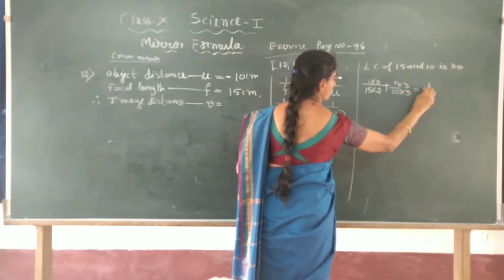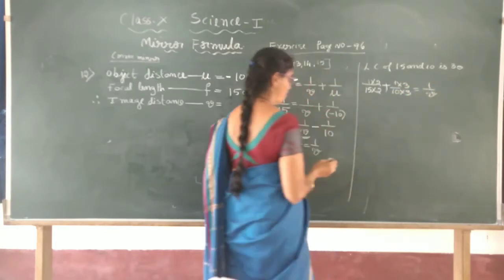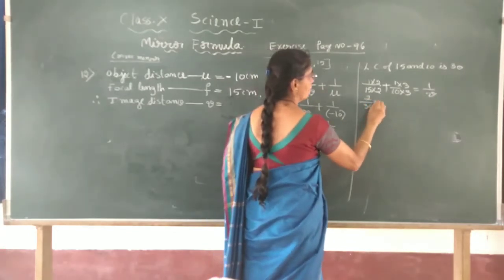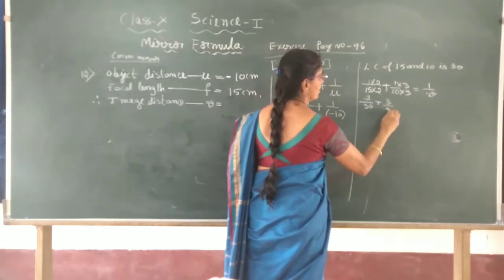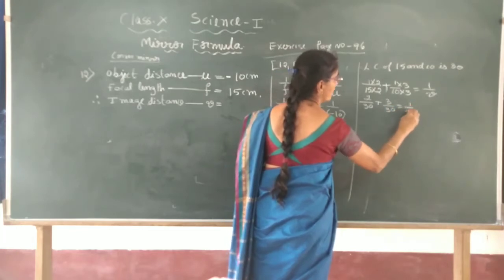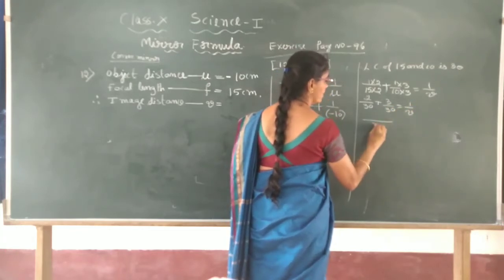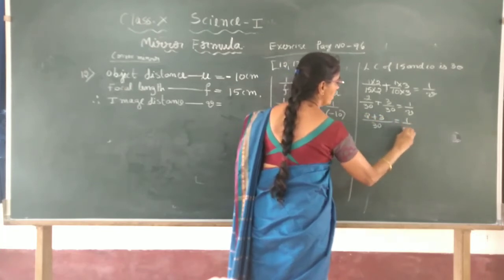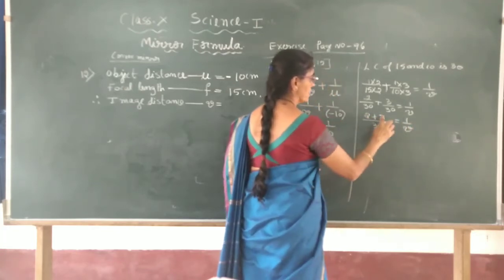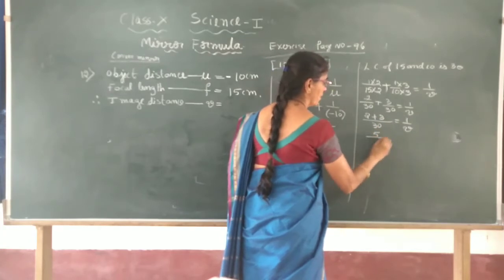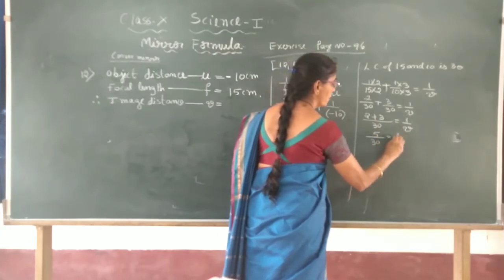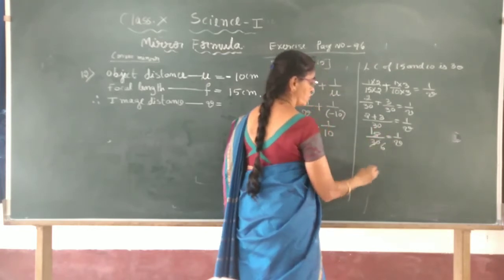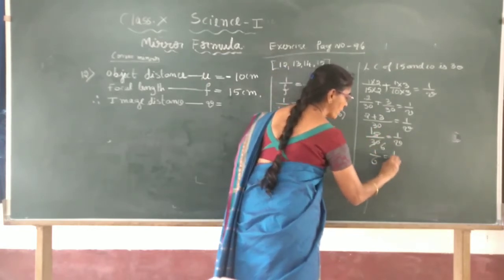Keep 1 by v as it is. Now it is 2 by 30 plus 3 by 30 is equal to 1 by v. With the common denominator 30, 2 plus 3 is how much? 5. It is 5 by 30 is equal to 1 by v. 5 one time 5, 5 sixes are 30. So 1 by 6 is equal to 1 by v.